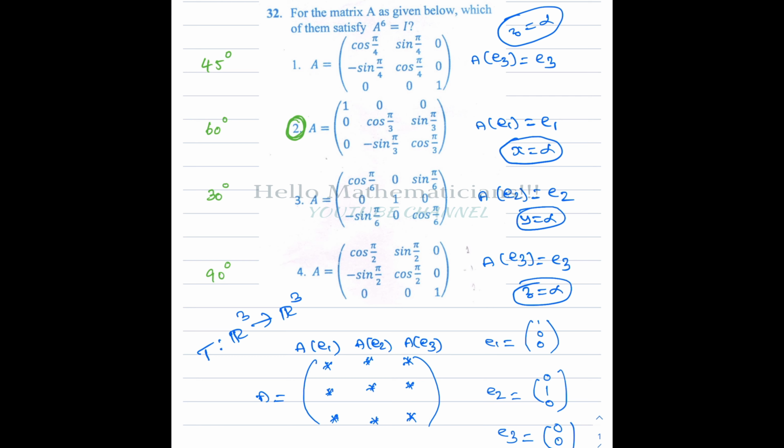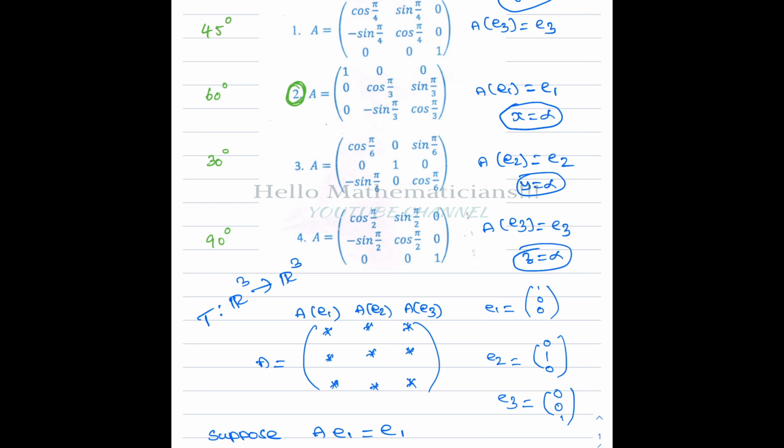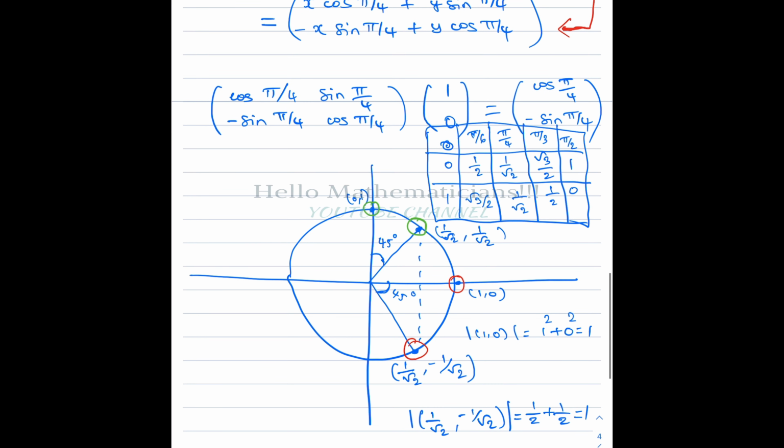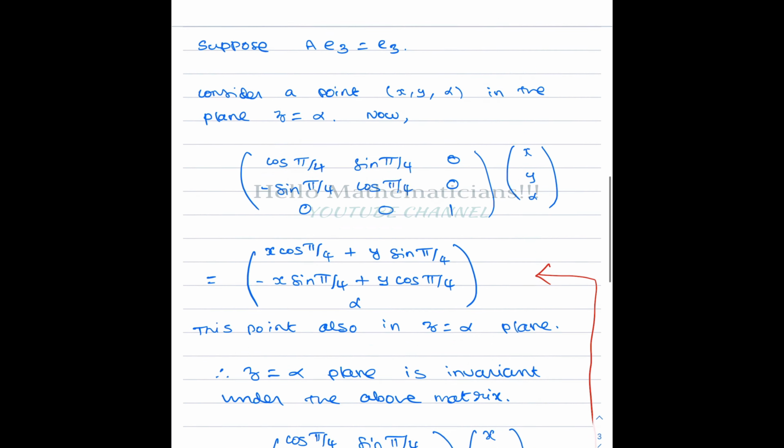Each time you apply A, the point will get rotated. When you apply it 6 times, the point should come back to itself because it is an identity matrix. So for what angle of rotation, after you rotate it 6 times, will you get back to itself? Basically you have to rotate something in the plane 360 degree, then only the point will come back to itself.